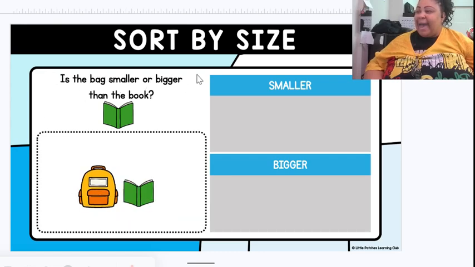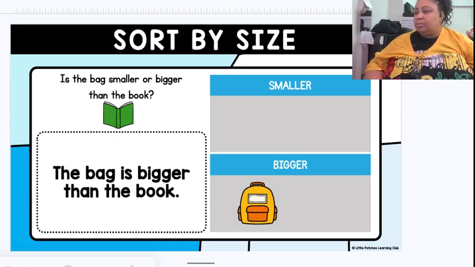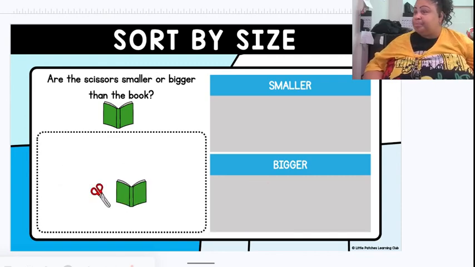Is the bag smaller or bigger than the book? The bag is bigger than the book, which is why the book would fit inside the bag.